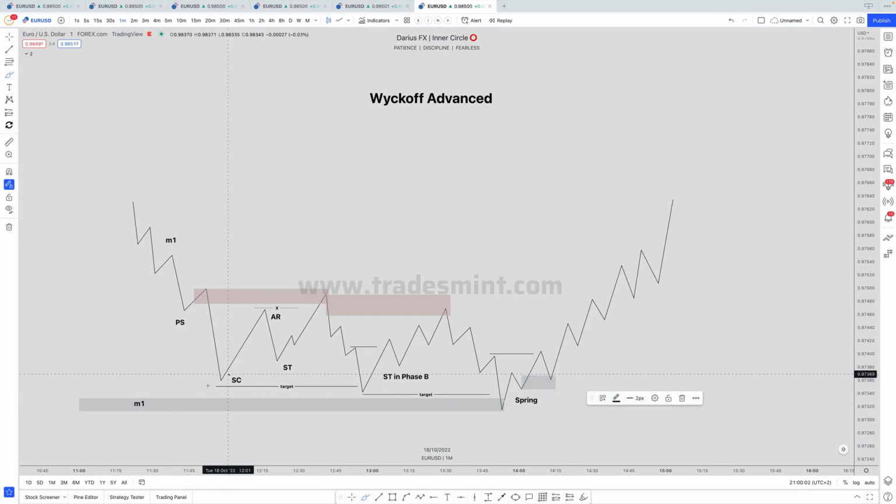And the thing is that the first point here, so the selling climax, will in reality not mitigate the M1. So there is absolutely no reason why price should suddenly just take off, even if it broke structure here. No, price will actually in reality just go to make a mitigation.